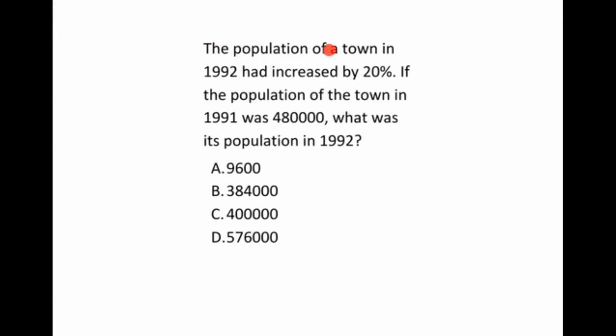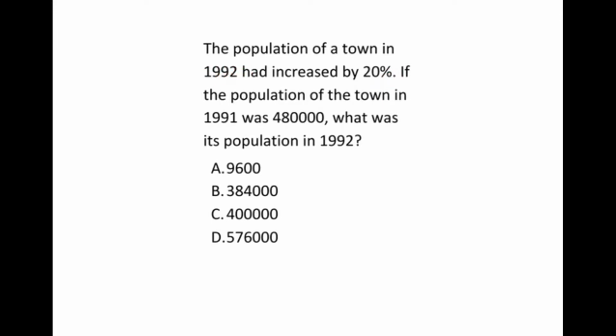The population of our town in 1992 had increased by 20%. If the population of the town in 1991 was 480,000, what was its population in 1992? Here in this question, we are told that the population of our town increased by 20% in the year 1992.